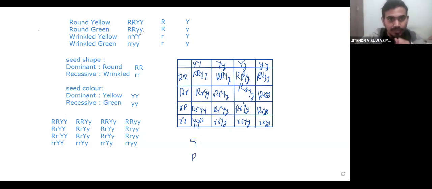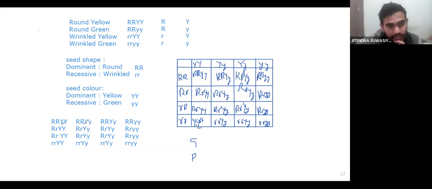Okay. So we have this one. How many are we going to find? First we have to count the character. How many round yellow are there? We will just write it here. So this one is round yellow.